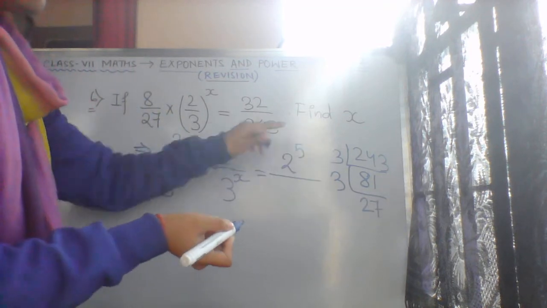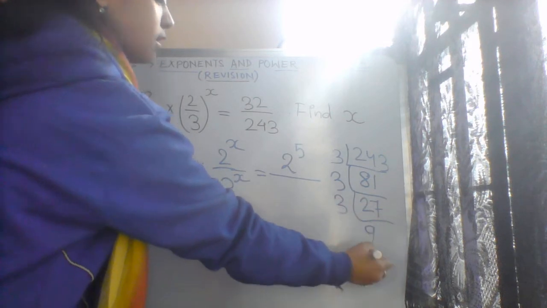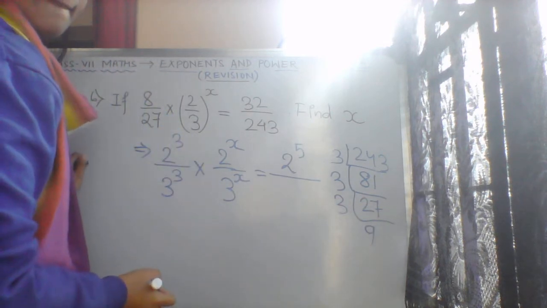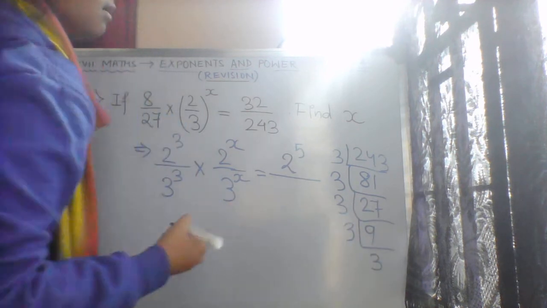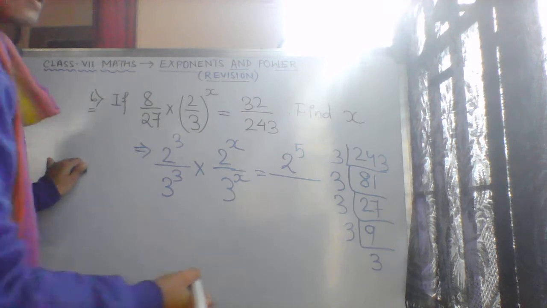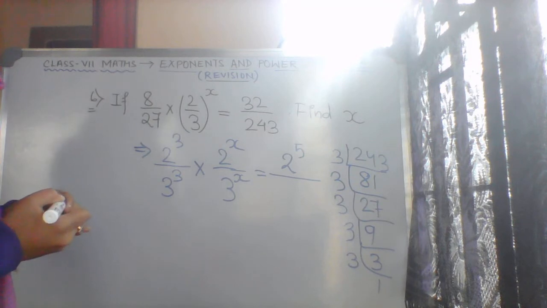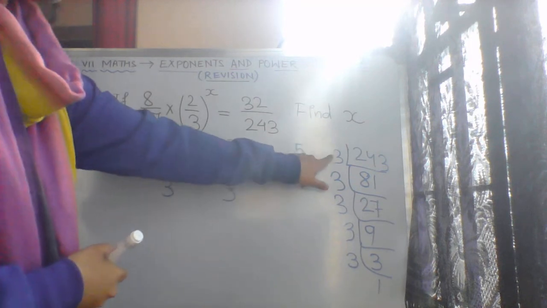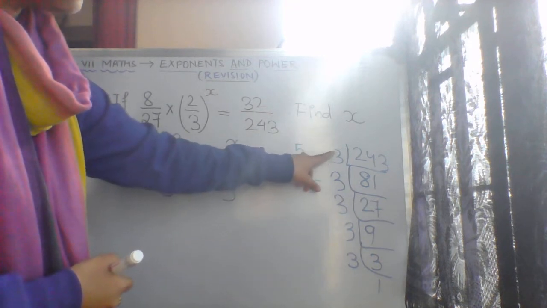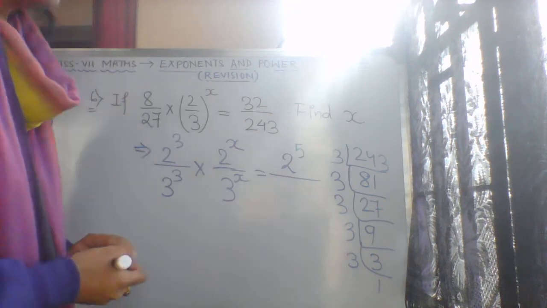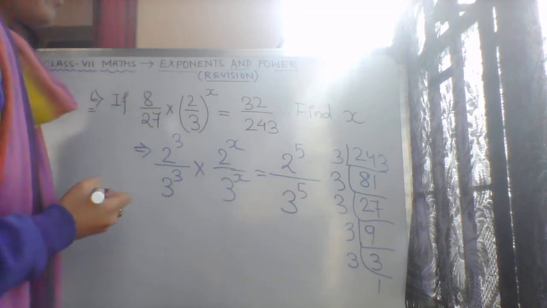So 3 into 27 is 81. Now 27, 3 9s are 27. Now 3 3s are 9, 3 1s are 3. So 243 can be written as 3 into 3 into 3 into 3 into 3. So 3 to the power how much? 1, 2, 3, 4, 5 times 3 is getting multiplied. So 3 to the power 5.